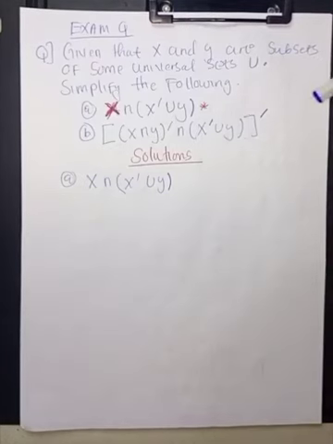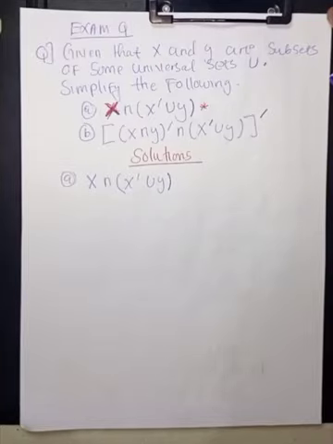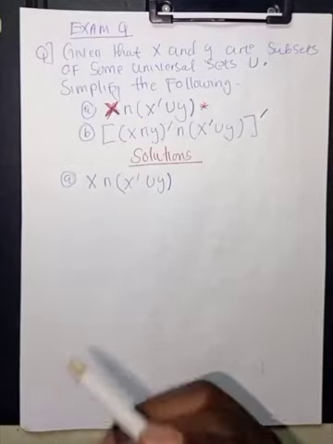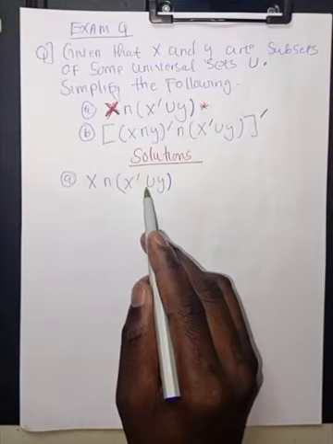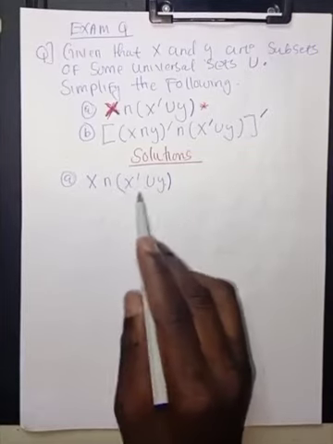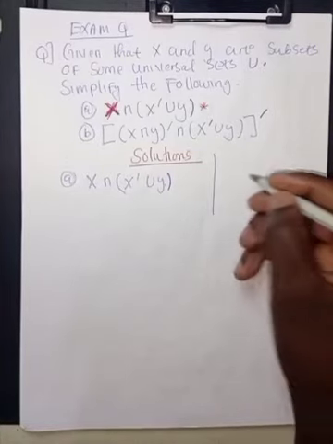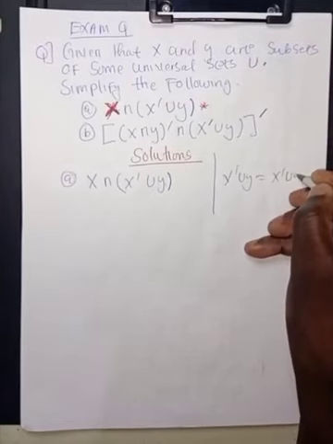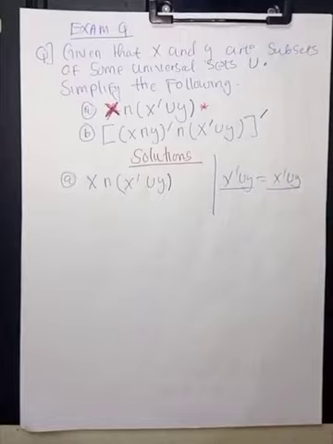Good. So this is what we have. One thing you should ask yourself is, is there any property or any law that I need to apply to simplify this? In this case, do we have any relation between X and X complement union Y? If we have something like this, X complement union Y is basically equal to X complement union Y. It can't be simplified further.